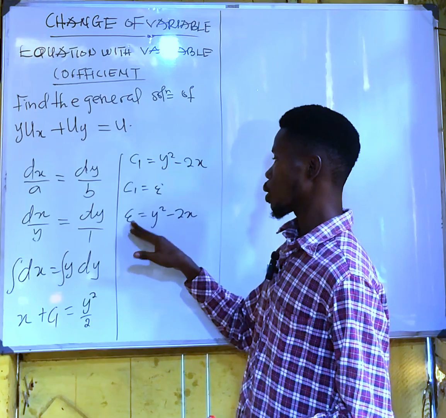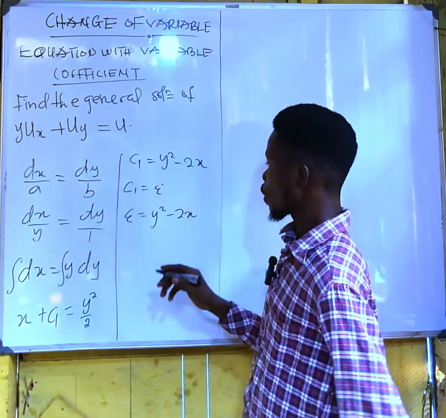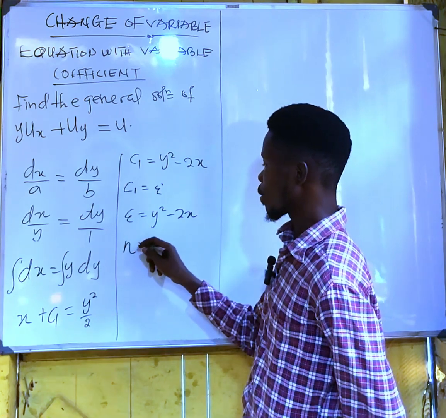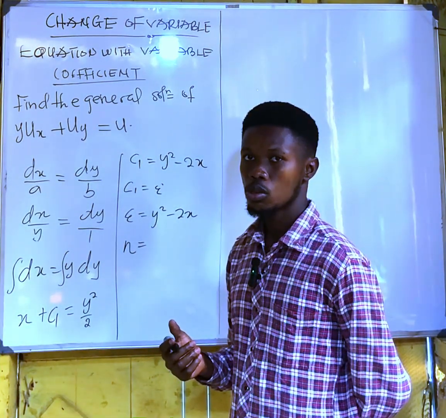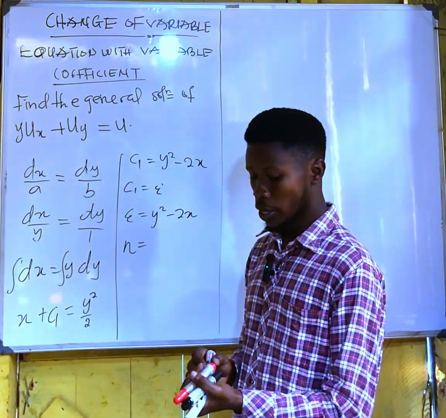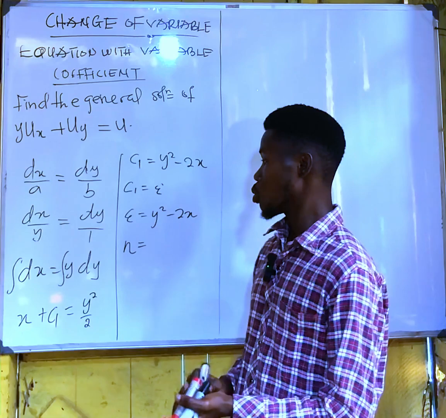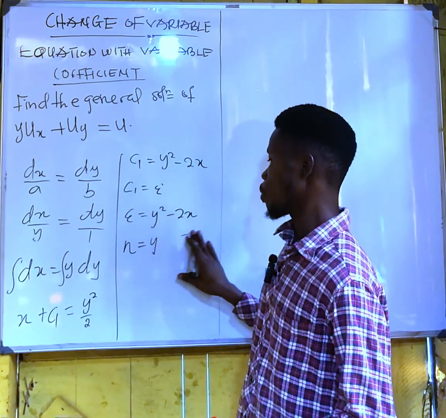After choosing your xi to be this, you have to get eta. How do you get the eta? It is very simple. You can choose your eta to be either x or y, any of them. Somebody can decide to choose eta to be y or x, but I'm using y.